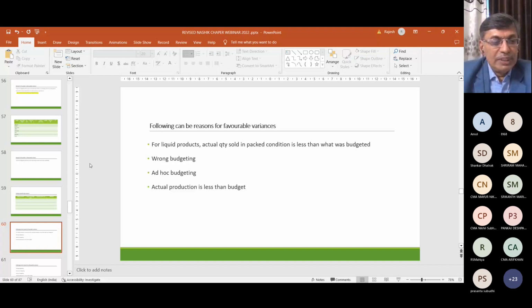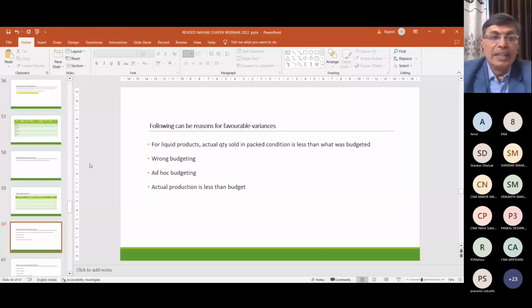So depending upon these estimates, this carboy's value might have been expected in the budget. But actually more quantity has gone in tankers. So because of that, in actual, fewer carboys have been utilized or required by the customers.